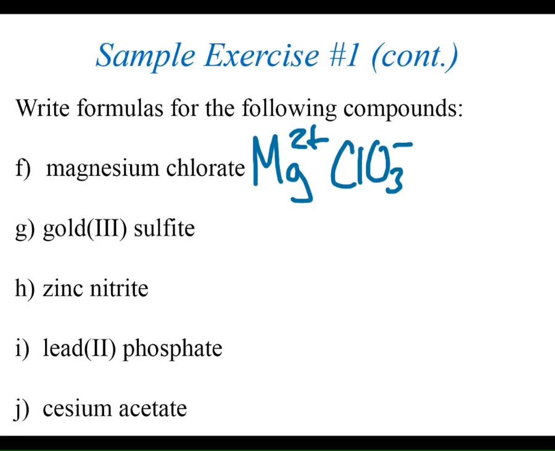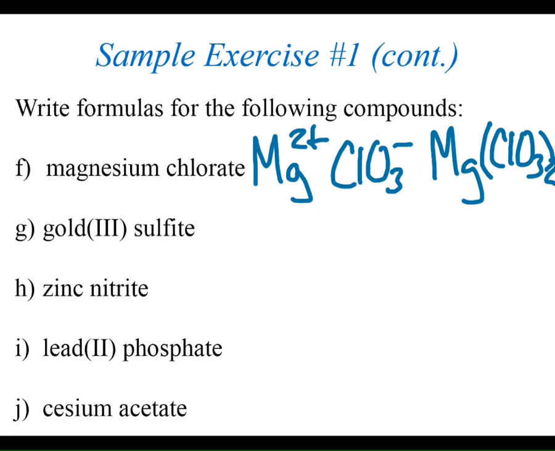How can I make a 2 plus and a 1 minus cancel out? Well, if I need 2 of these chlorates, I need 2 of these negatives to balance out that 2 positive. So, how do I show 2 of those chlorates? What do I write? Mg, parenthesis, ClO3, parenthesis, and then a 2 out there.